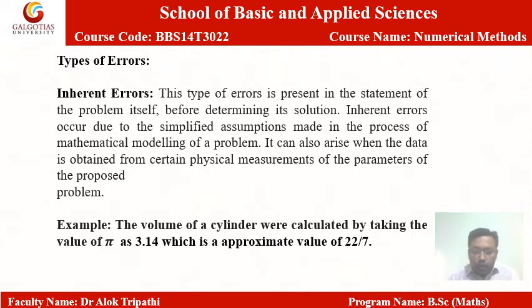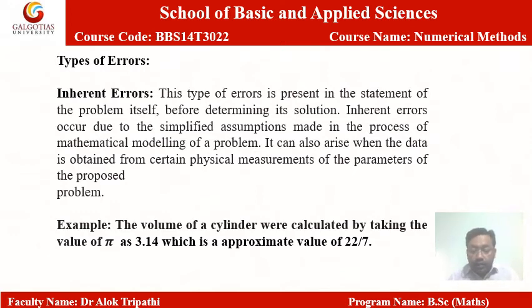Suppose we are given the volume of a cylinder and we are going to use this volume to calculate something else related to the cylinder. Now, what is the volume of a cylinder? The volume of a cylinder is pi r square h. If for the value of pi we have used 3.14, which is the approximate value of 22 by 7, then this volume 100% contains some error.